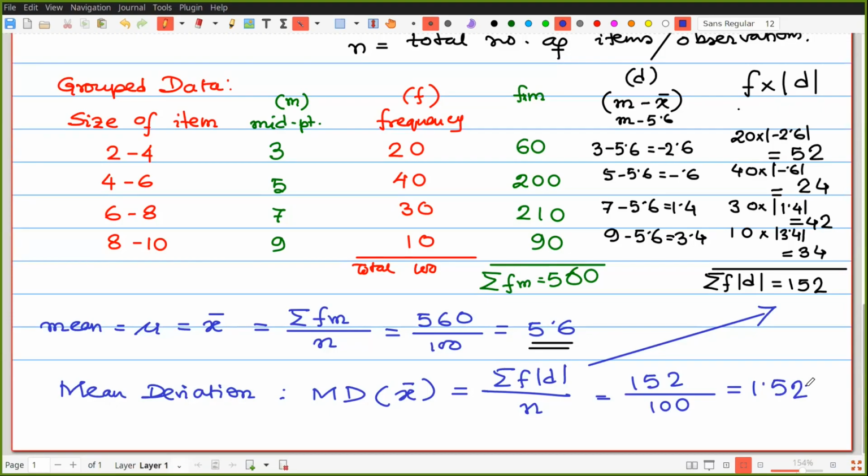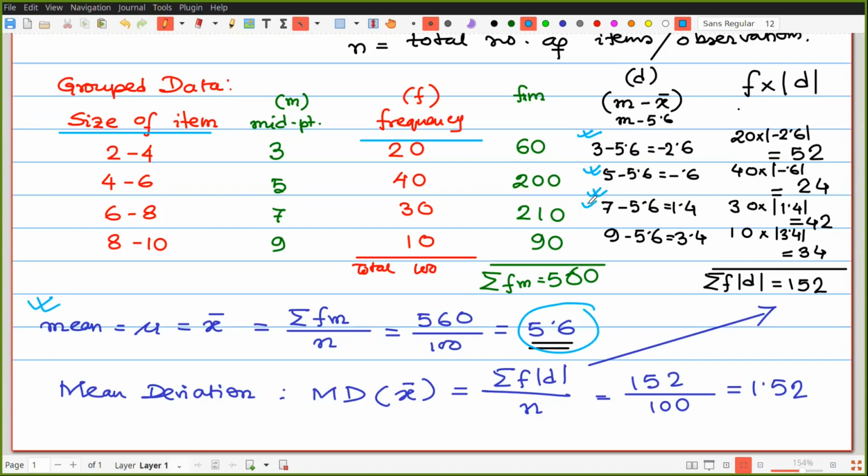Once again, from the very first one, whatever has been given, now practically the given was the classes, size of item, and the frequencies. Then we have to find out the mean at first, and that's why we have found the midpoint, and then the FM, that means F into M, find out the mean from here. Okay, then find out each and every individual deviation.